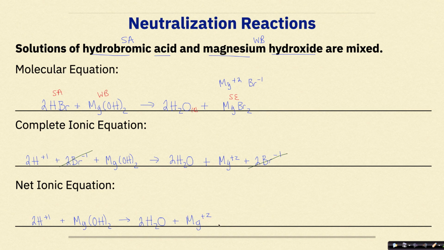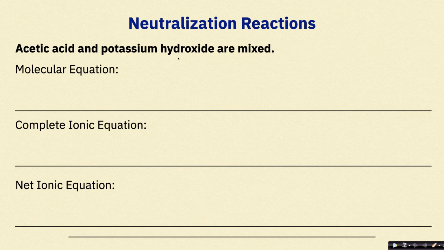Let's look at another example. Acetic acid and potassium hydroxide are mixed. Okay, so my molecular equation for acetic acid is HC2H3O2 plus potassium hydroxide, which is KOH, arrow. This is going to be a double replacement reaction where I know one of my products will always be water.